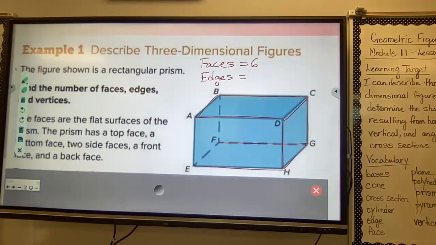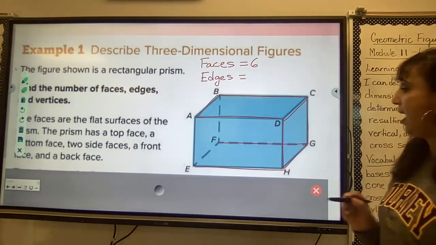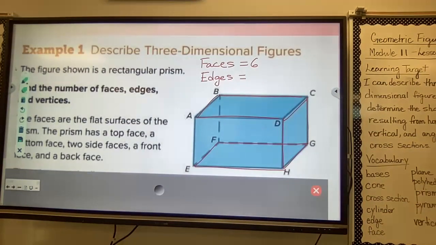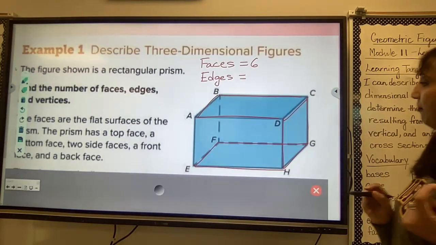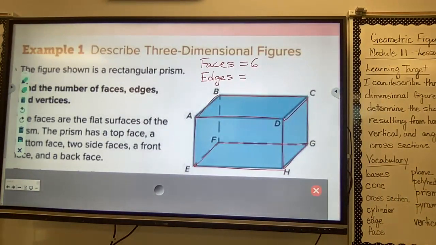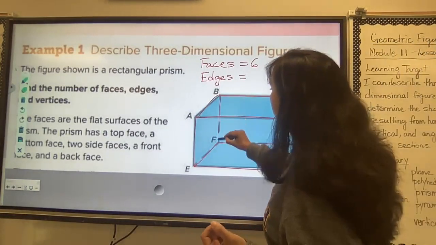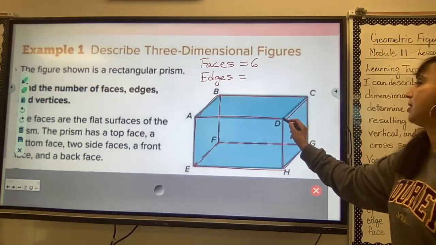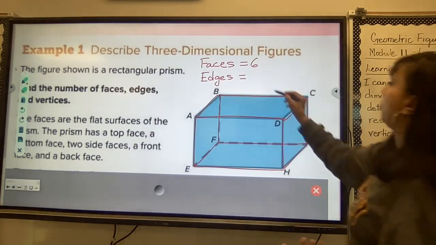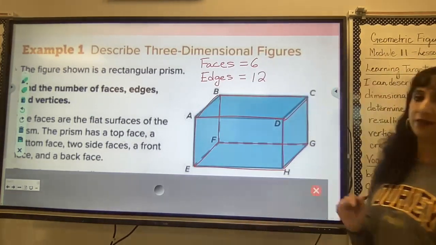Then we have EF. And we have AE. And we have BF. So look at all the edges because these are all the different line segments that we have. So when I look at that, we have 12 edges.